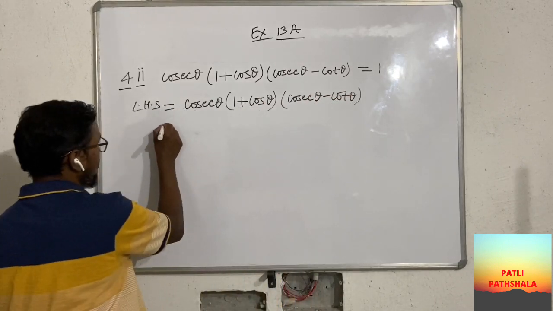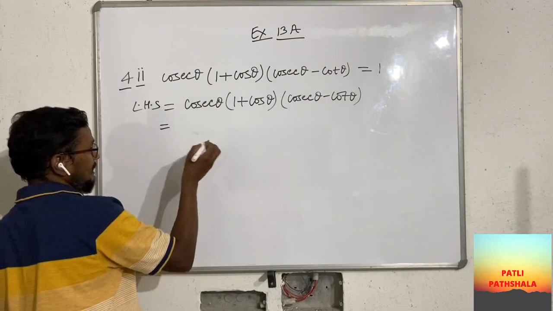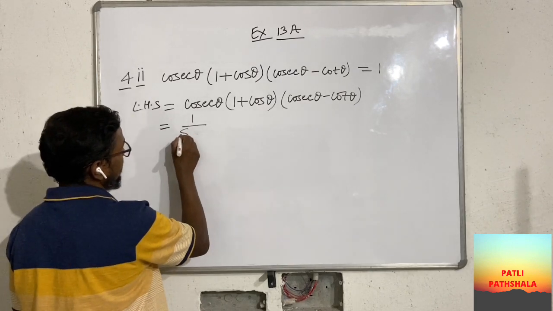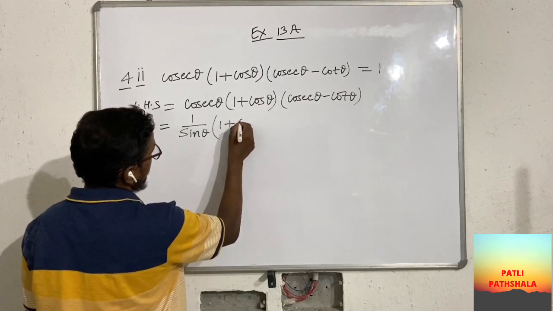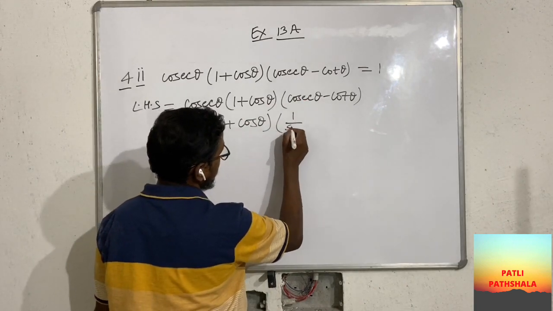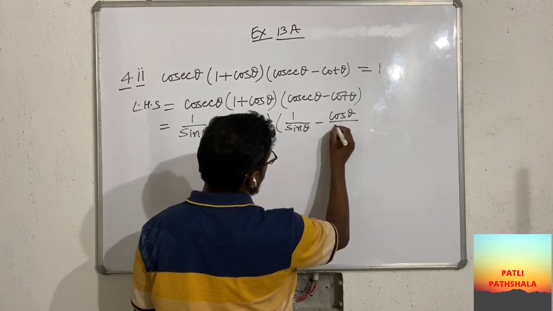Now we will convert all cosec and cot into sin and cos. Cosec theta can be written as 1 by sin theta, into 1 plus cos theta, into cosec theta minus cot theta, which is 1 by sin theta minus cos theta by sin theta.